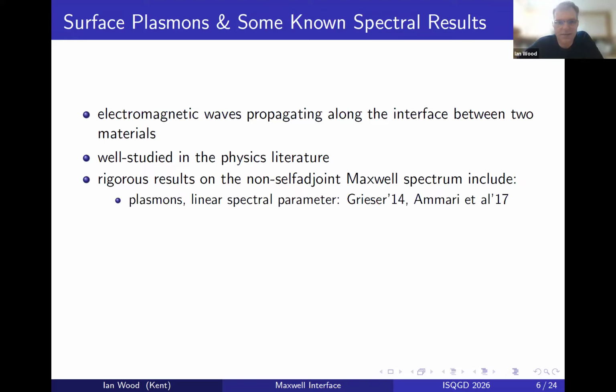Right, so generally looking at this plasmon problem with a linear spectral parameter, there's work by Grieser back in 2014, and then I'm citing one particular Amari work, but the group around Amari have done more work on these kind of problems.